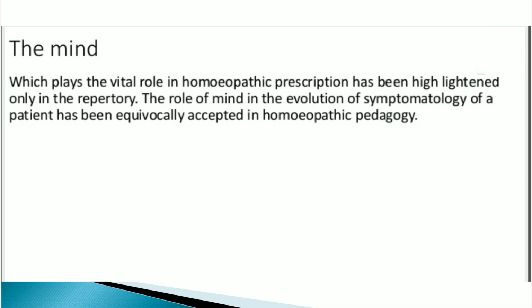elaborate way. The role of mind in the evolution of symptomatology of a patient has been unequivocally accepted in homeopathic pedagogy. So the role of mind in the evolution of symptomatology is very important from the homeopathic point of view.